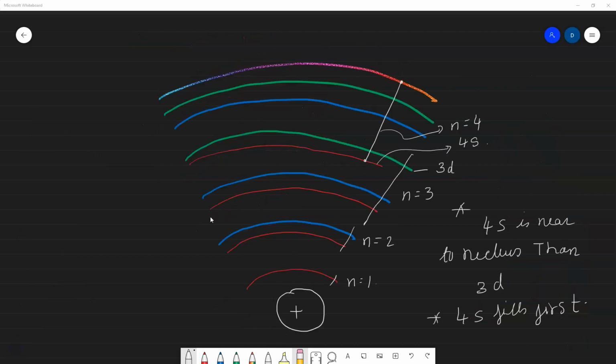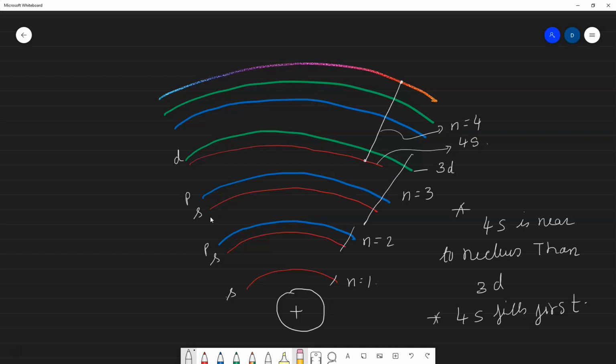Now this is very, very important for you to understand. We call it an anomaly. Now here I have got the SPDF for 4 shells. So this is s, this is s and p for the second shell. This is s, p and d of the third shell.